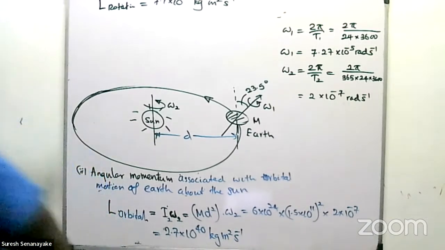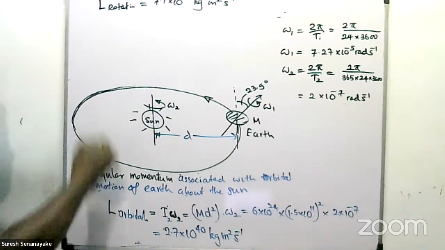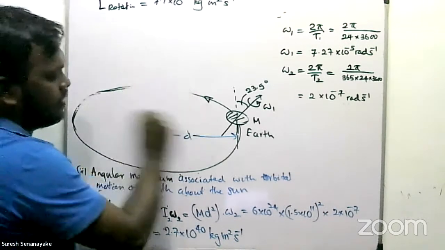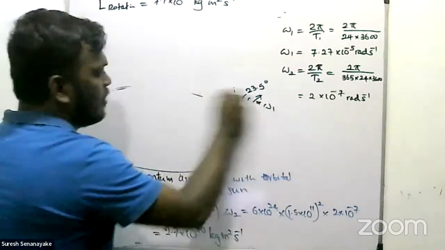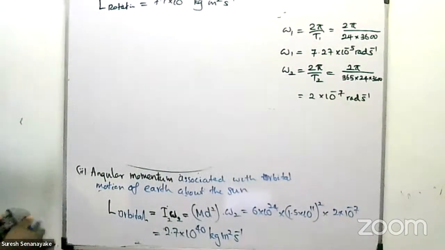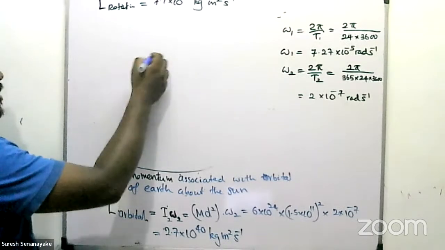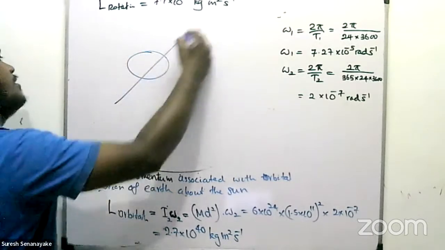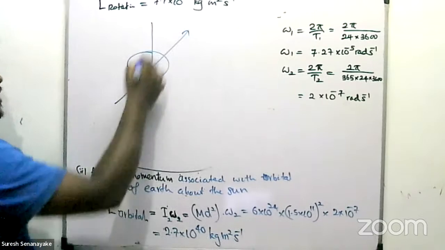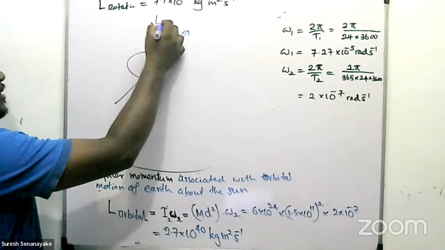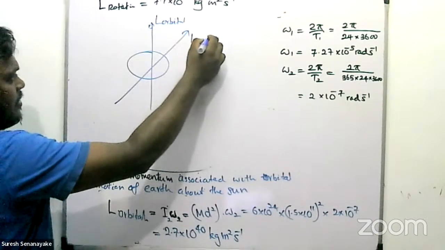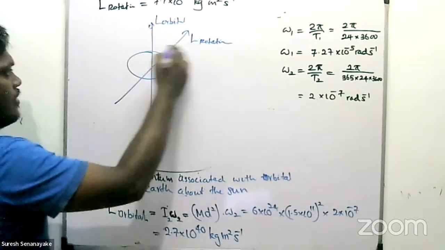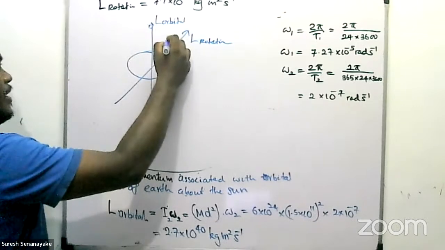I'll erase this now. There are two angular momenta, one in this direction, another in this direction. This is orbital, and this is rotational. The angle is 23.5 degrees.